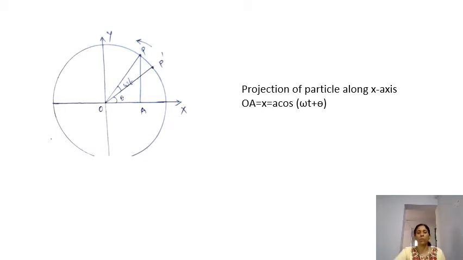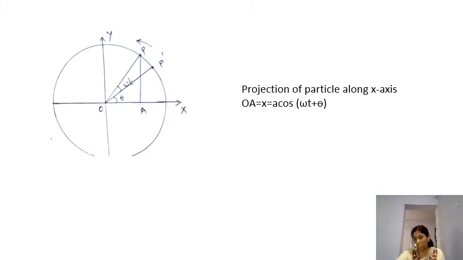The initial angle formed with respect to P dash is taken as theta, and the second angle formed with respect to the origin is taken as omega t. So the projection of the particle along the x-axis is the sum of these two angles. So OA is equal to x equal to a cos of omega t plus theta. We know simple harmonic motion can be written in terms of sine and cosine functions.